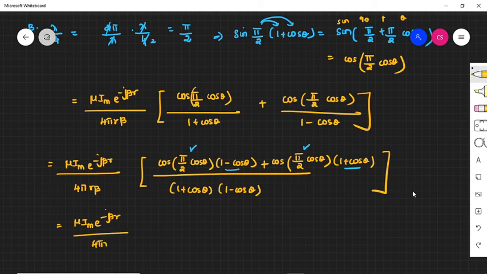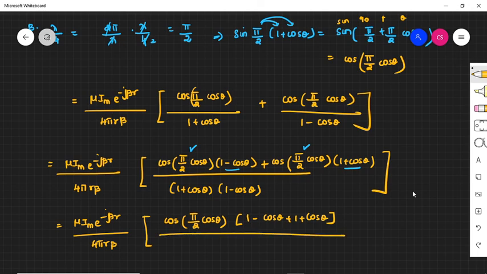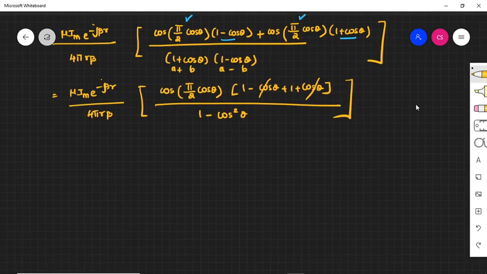So, this is equal to mu im e power minus j beta r divided by 4 pi r beta. I am taking cos of pi by 2 cos theta commonly outside. So, the common terms are 1 minus cos theta plus 1 plus cos theta, divided by, this is of the form a plus b into a minus b. So, we know that it is a square minus b square. So, here plus cos theta minus cos theta gets cancelled. 1 plus 1 becomes 2.